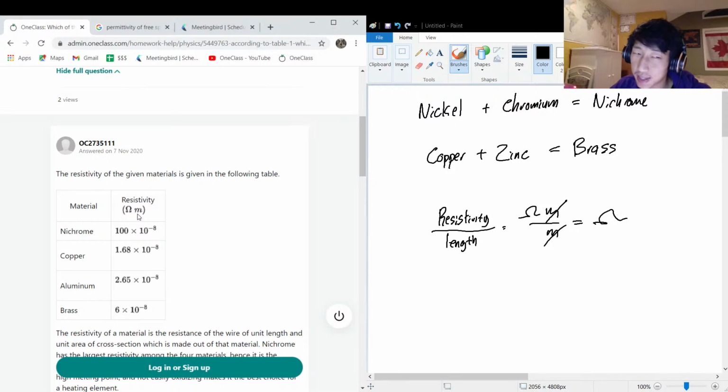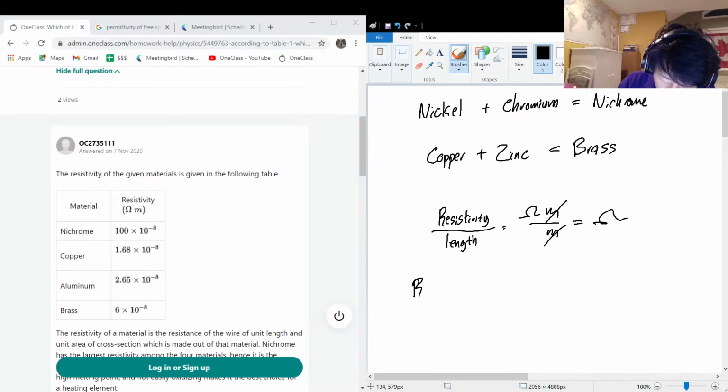There was a scientist named Ohm who was the founder of all this, so we want the least amount of ohms possible, and copper is very low as predicted, as well as aluminum and brass. And surprisingly, nichrome is quite a good insulator, or I wouldn't say quite good as an insulator. It's the least conductive because it has the highest resistivity.